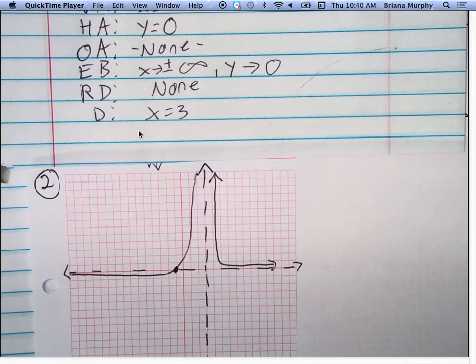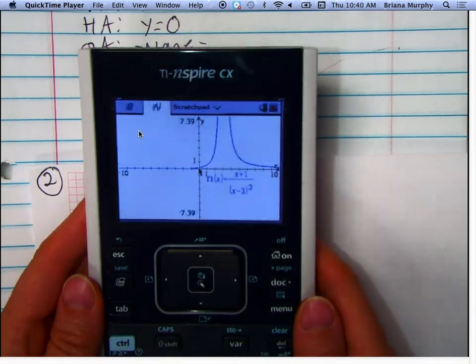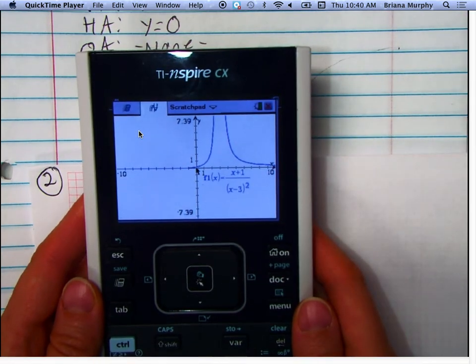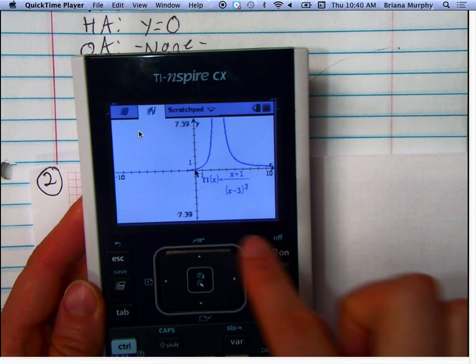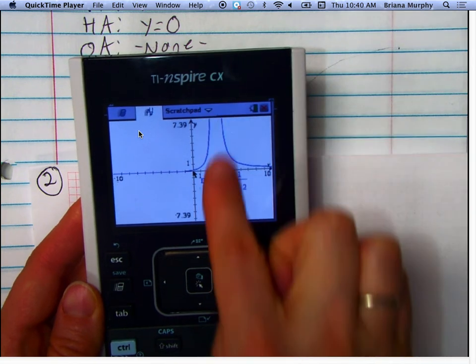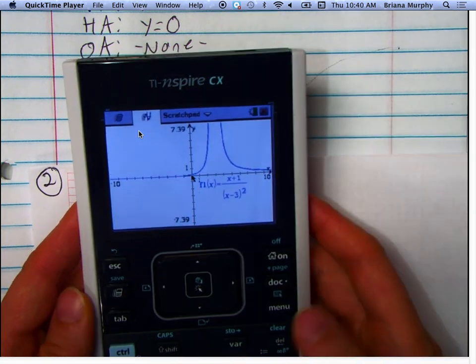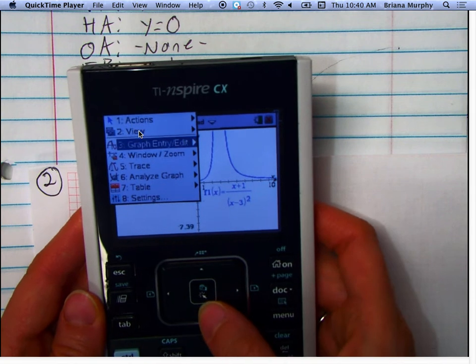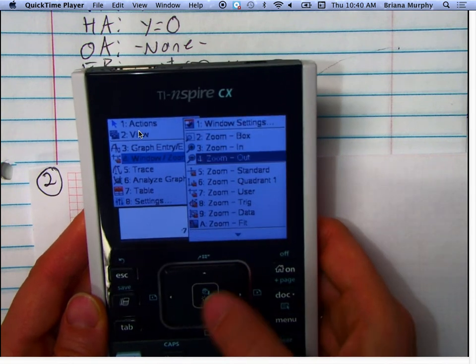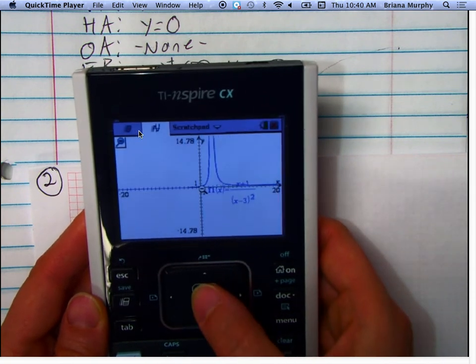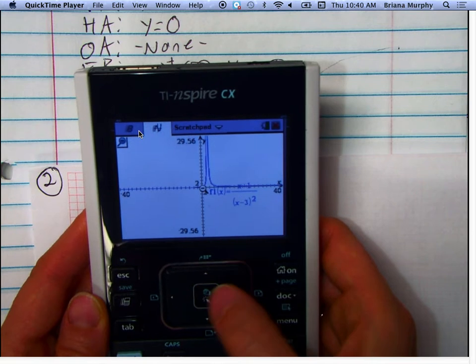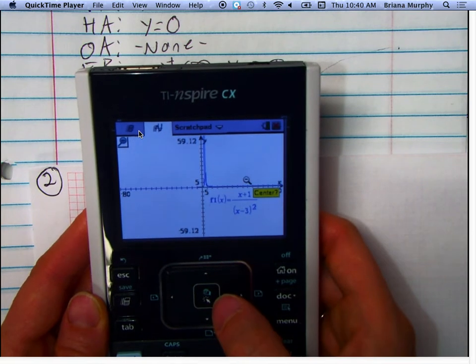So let's look at my calculator real quick, because this is what I have. You guys see that? See right here in the middle? I have to have an asymptote that goes there. If we went to zoom and zoomed out, those lines are never gonna touch.